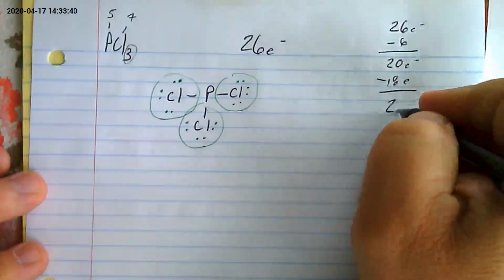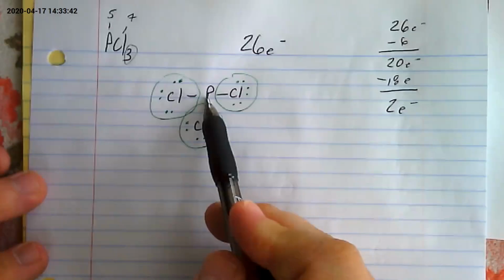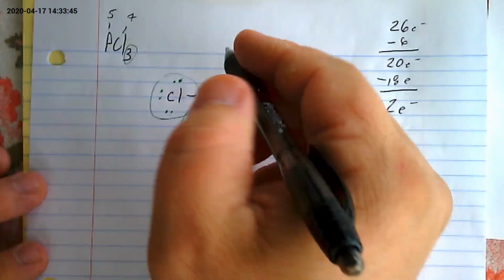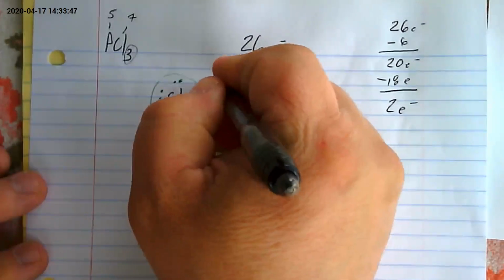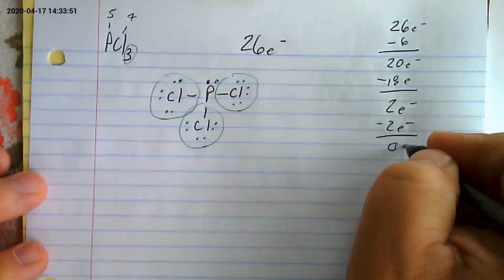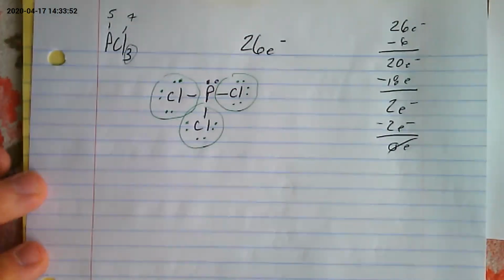My next step is to satisfy the octet of all of the outside atoms. 1, 2, 3, 4, 5, 6, 7, 8, on each chlorine.